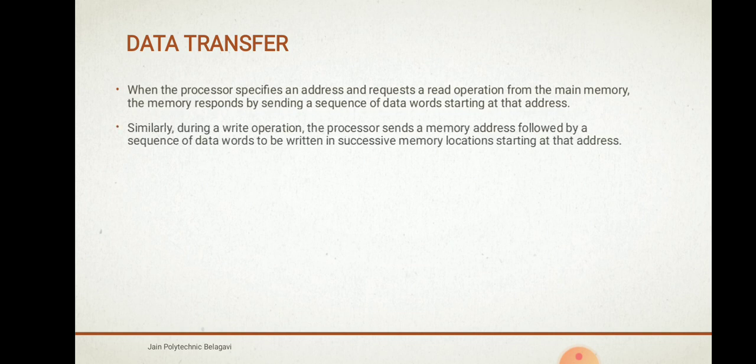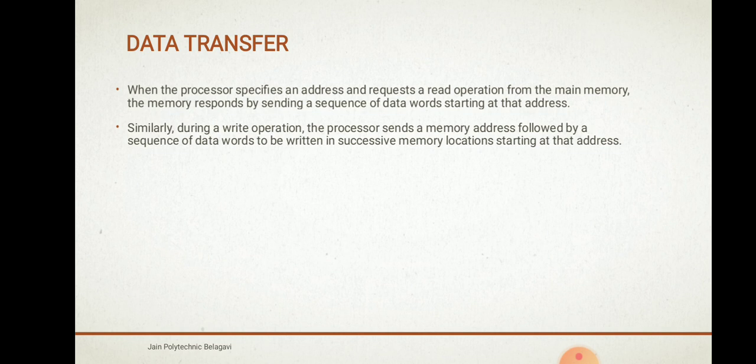During a read operation, we start reading data from that memory address. But during a write operation, the processor sends the memory address followed by a sequence of data words to be written in successive memory locations starting at that address. So there is a difference between read and write operations.